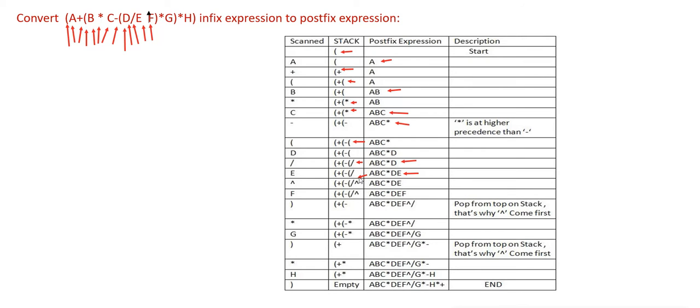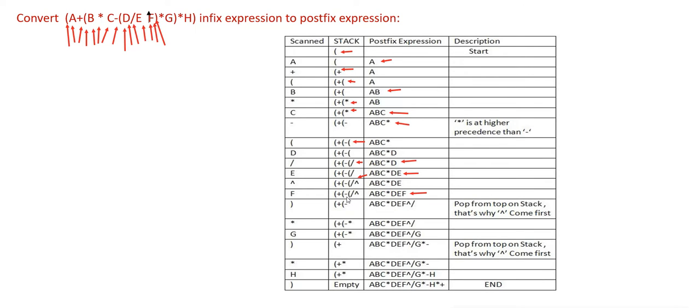Root goes to the stack section, can stay along with division because they both are having different precedence, and root is having higher precedence as compared to division, followed by f, which goes inside the expression section, followed by closing bracket.